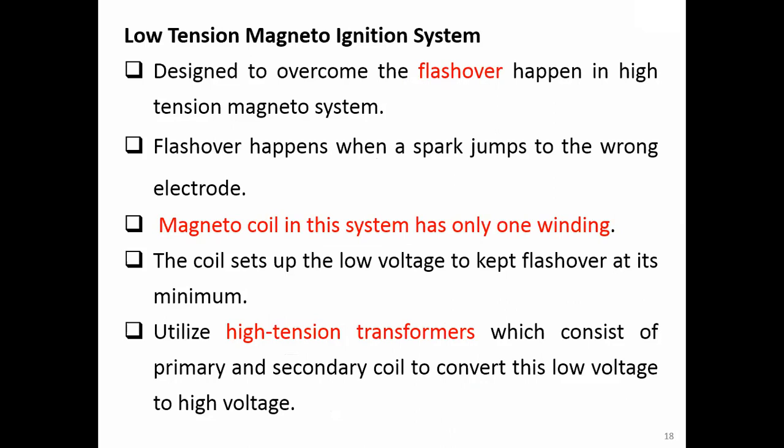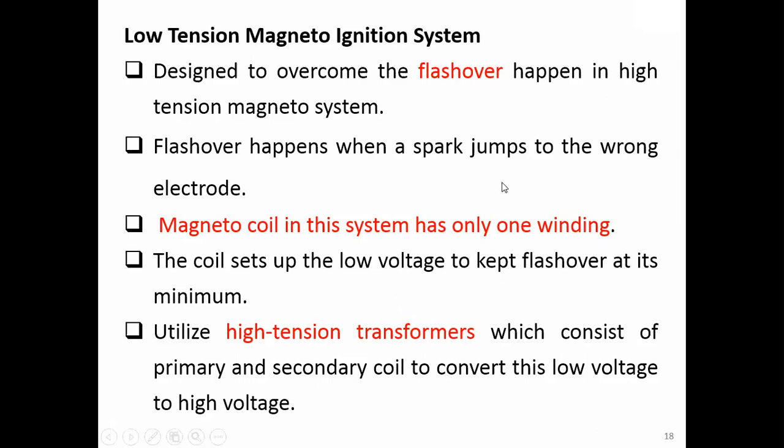So the low voltage magneto ignition system comes in order to solve this problem. The magneto coil in this system will have only one winding, which is different from the high tension. For the high tension, we have two windings, the primary and the secondary, at the magneto coil. But for this system, we will have only one winding. This winding coil will set up a low voltage in order to minimize the flashover that happens.